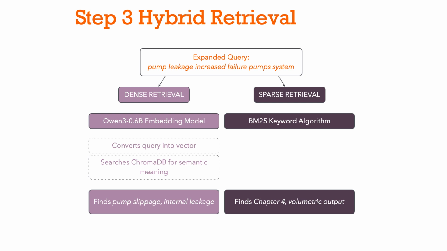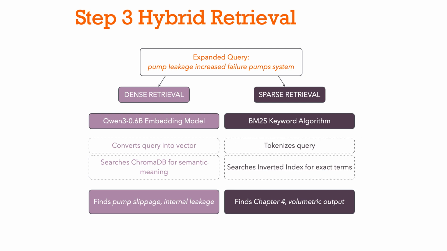For sparse retrieval, the query is being tokenized and searched against an inverted index for exact term matches. The inverted index is a file that is loaded into memory when being searched. This is different from ChromaDB. We use a hybrid storage to get the best of both.